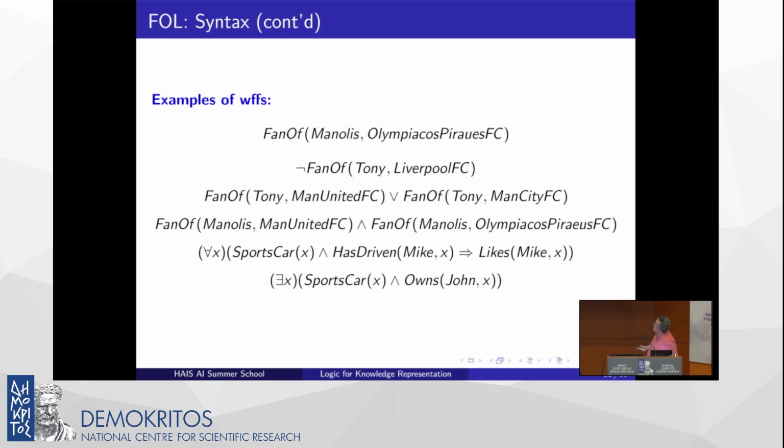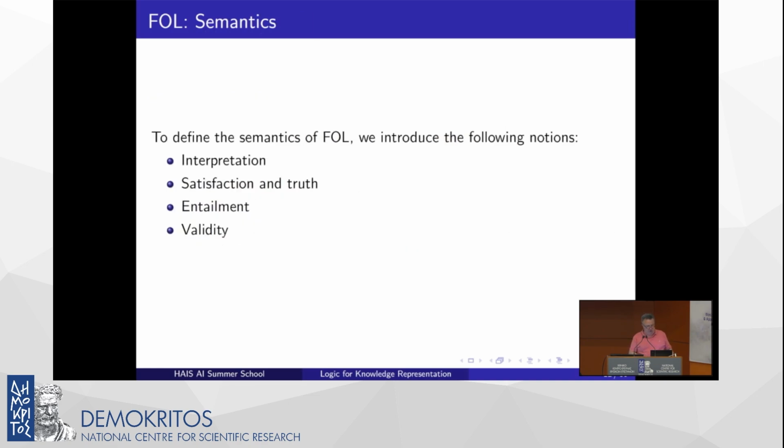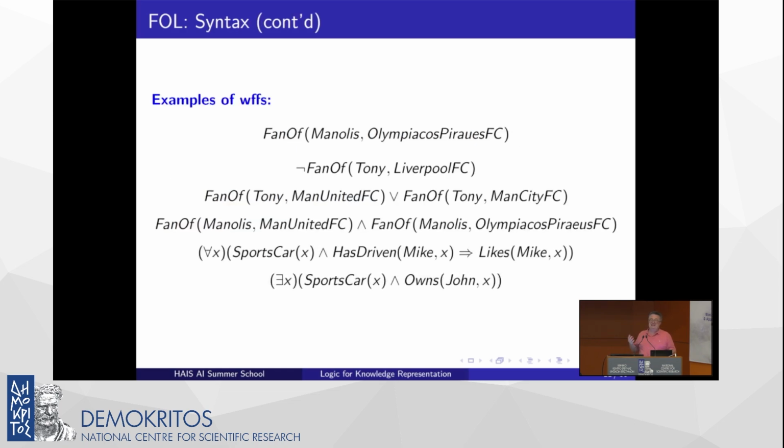And here we say there is X, which is a sports car, and John is the owner of it. And you can build very, very big things that describe the world using the syntax that I just showed you. And once we have the syntax, because we use English, these things might mean something to us.